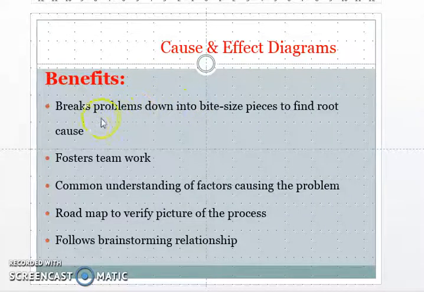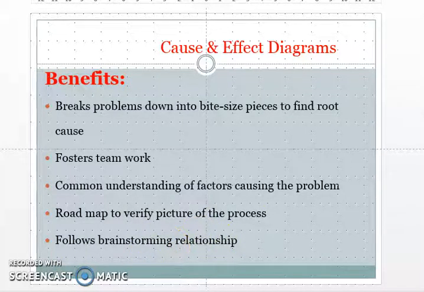First of all, you should break the problem into small problems, and it fosters teamwork. All people should come together and discuss the problem, just like brainstorming. After that, common understanding of factors causing the problem, a roadmap to verify, a picture of the process, and it follows the brainstorming relationship.